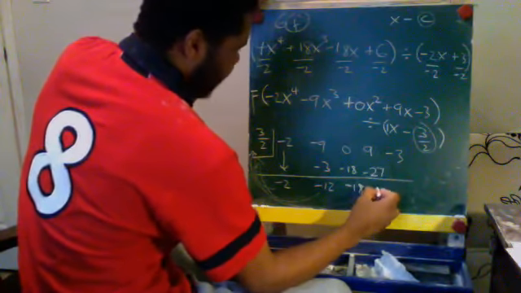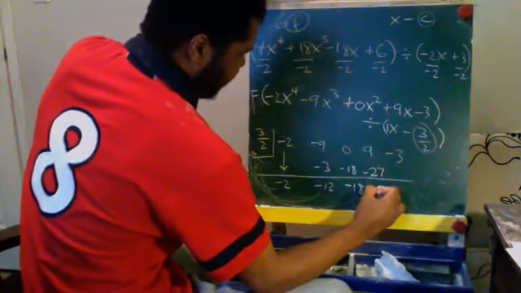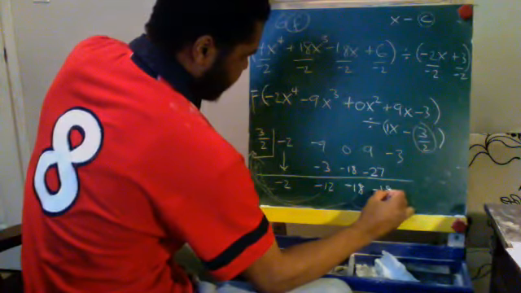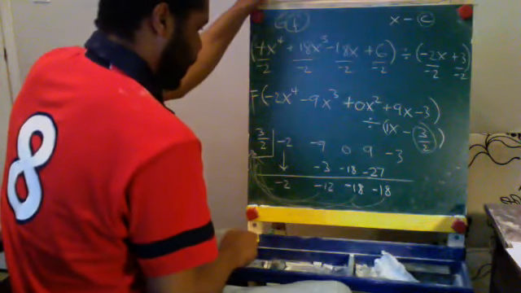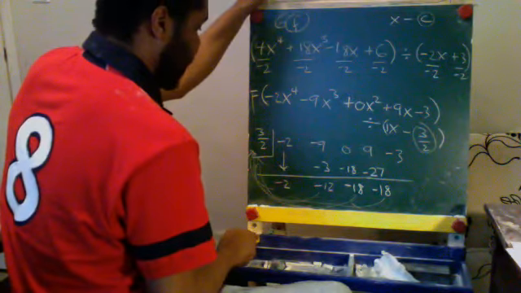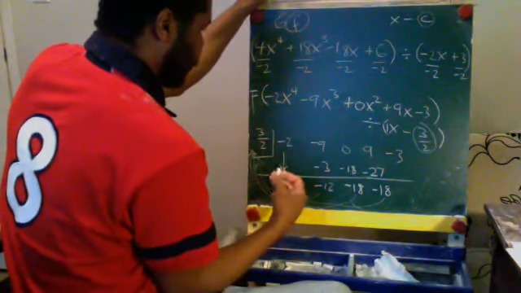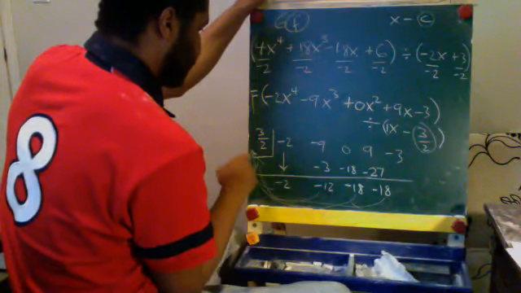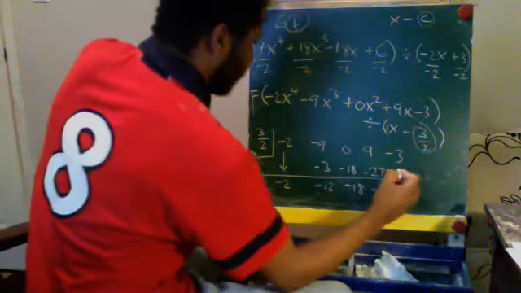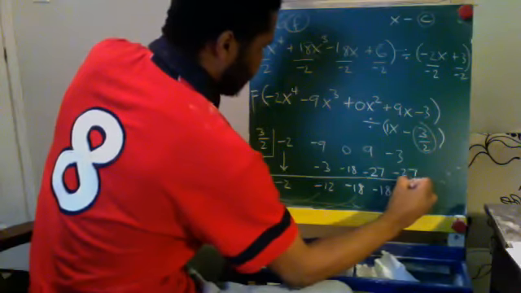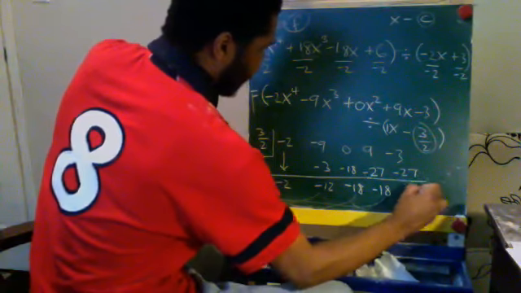I'm going to add that up, I'm going to get -18 also for this. And I multiply that back again, 1.5 times -18, again it's going to be 27, -27. So add that, I'm going to get -30.